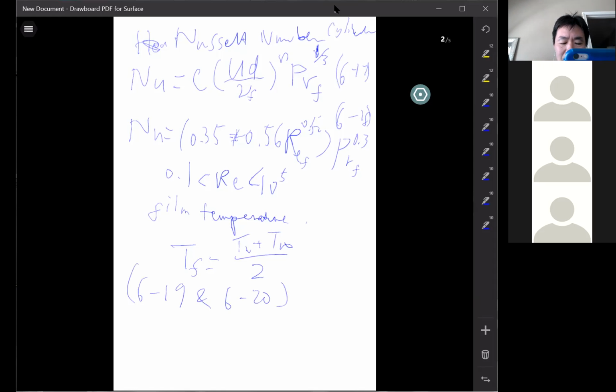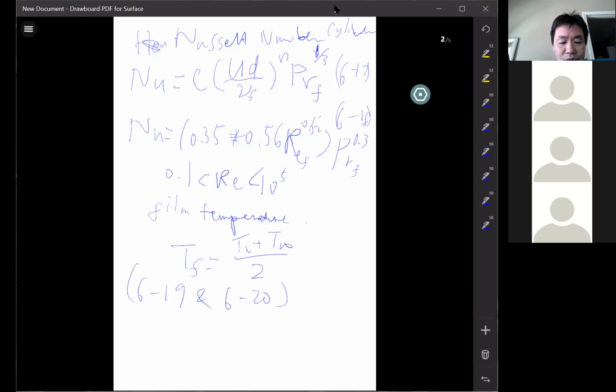The whole Reynolds number range is from 1 to 2 times 10 to the 5. But the first one, 19, is for the Reynolds number range from 1 to 1000. Basically, it's a less turbulent region. Equation 6.20 is from a Reynolds number of 1000 to 2 times 10 to the 5, which is a turbulent region.